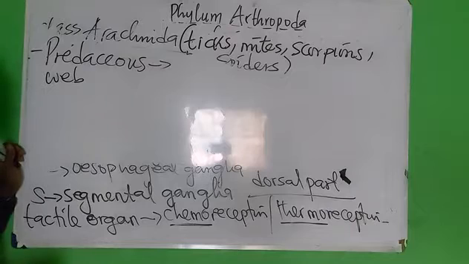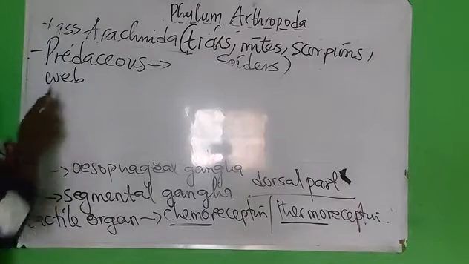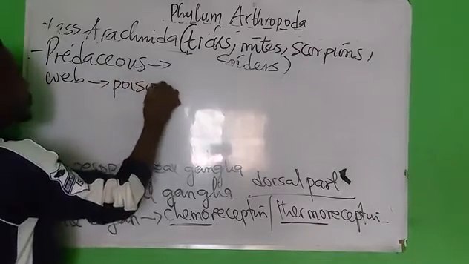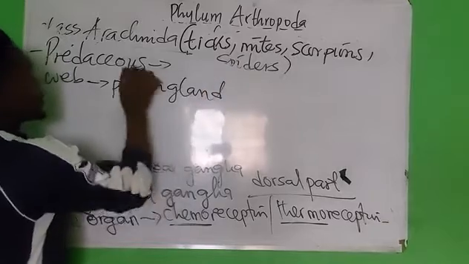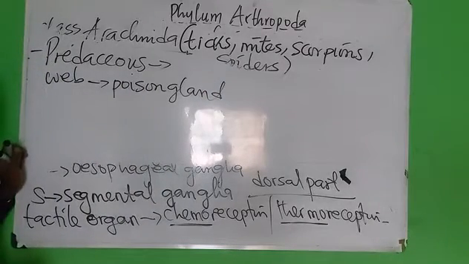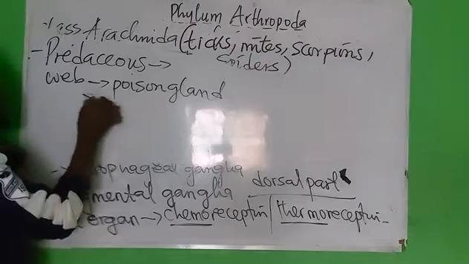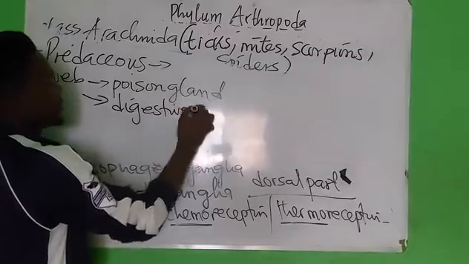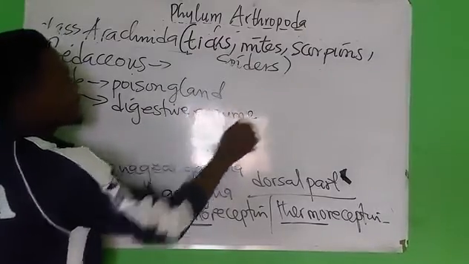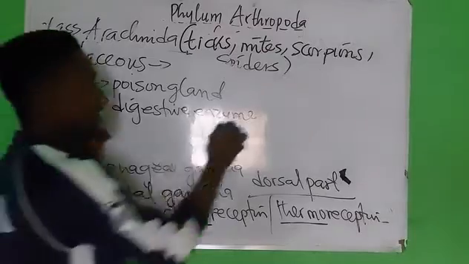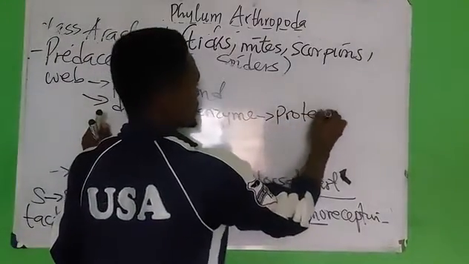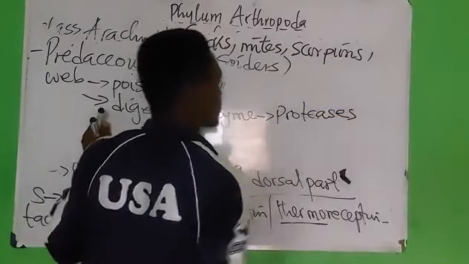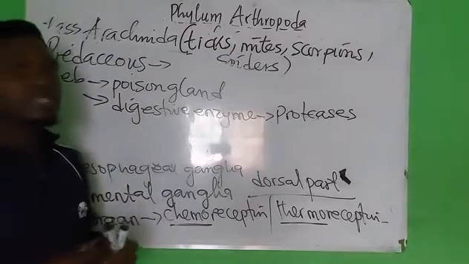As soon as an insect is caught up in the web, what happens? The spider uses the poison gland to kill the insect. And the spider immediately releases what is called a digestive enzyme. Now, the type of digestive enzyme produced by the spider is the protease, which is a protein digestive enzyme.